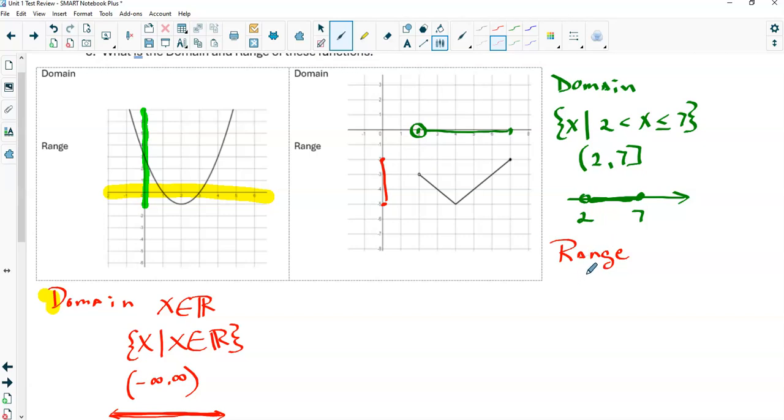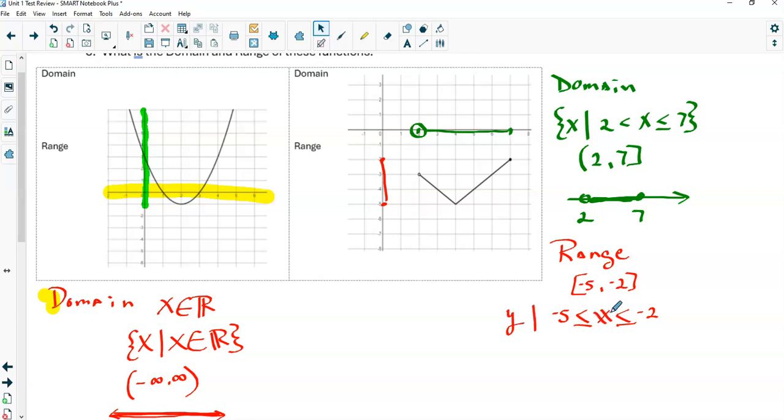So from -5 included to -2 included. That means y is greater than or equal to -5 on the left, and then -2 over here, right? And you could say y such that y is between -5 and -2 inclusive.